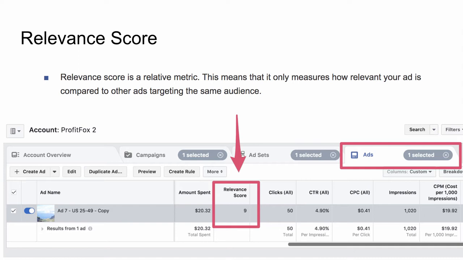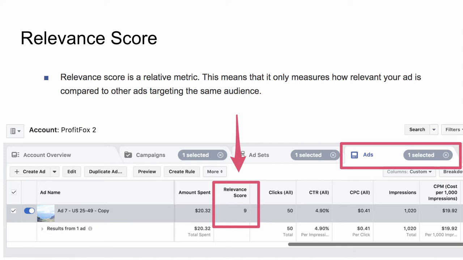So first and foremost, Facebook has to make sure that its audience is happy with the ads that are being shown. So we can figure out how much our audience likes our ad relative to other advertisers based on our relevance score. So this means the relevance score is measured relative to other advertisers targeting the same audience.